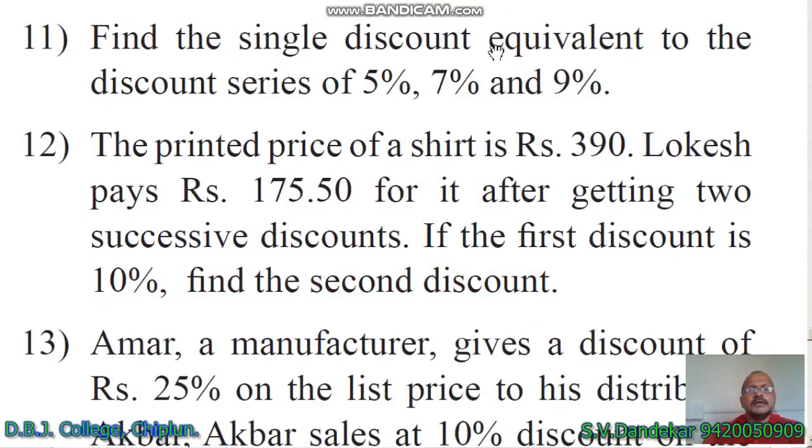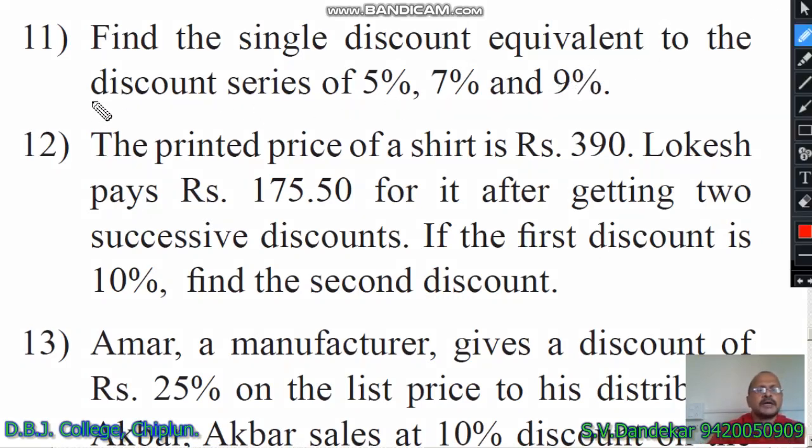Find single discount equivalent to discount series of 5%, 7% and 9%. Suppose the marked price is rupees 100. So after 5% discount, the amount becomes 100 into 95 upon 100. After allowing 7% discount, the amount becomes 93 by 100 times.